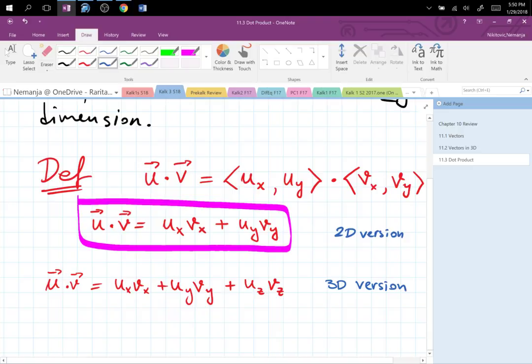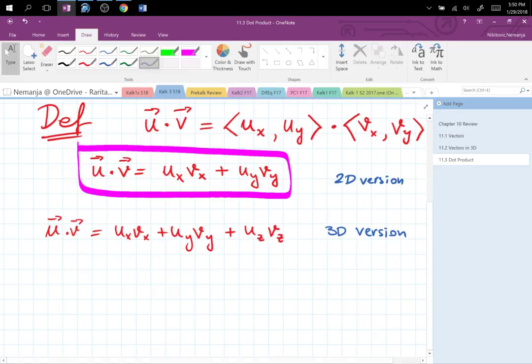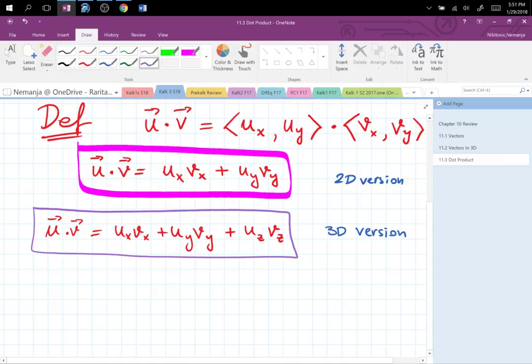Now there are other formulas which also are used to get this. You can extend this to any dimension. So if you need the 18-dimensional dot product for whatever reason, you can do this. Let's get the mechanics out of the way, and then we can start using it in the calculus setting. What is the vector 3, 4 dotted with the vector -2, 8? You would follow the formula and plug everything in where it belongs.